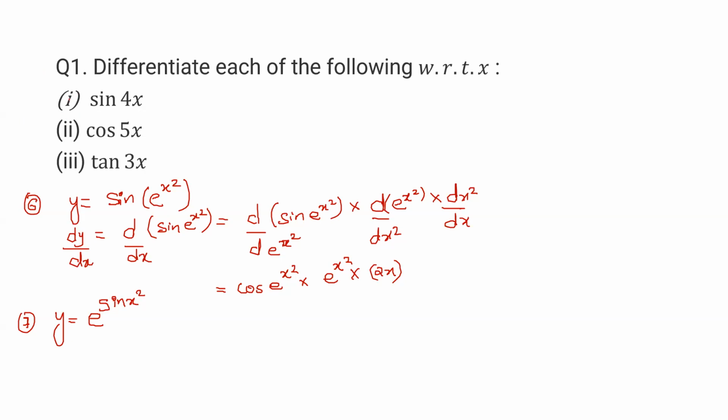Please let me know if anyone has a doubt in this. Okay, Fahad, please check here. For dy by dx is equal to the derivative of exponential sine x square. First, please check which is the first function.